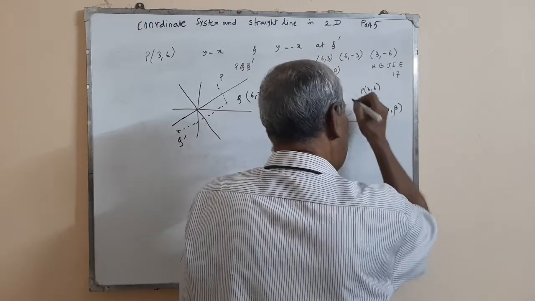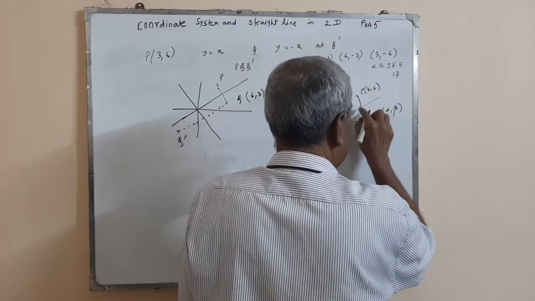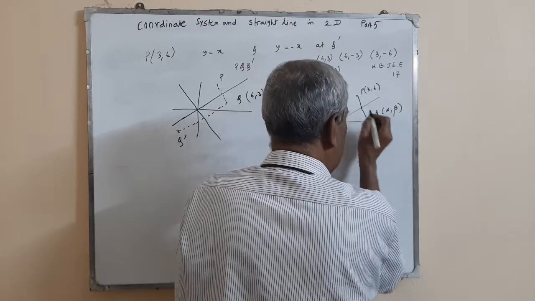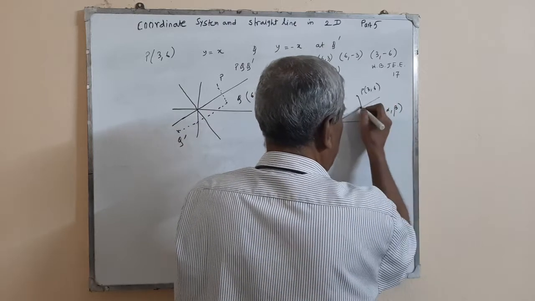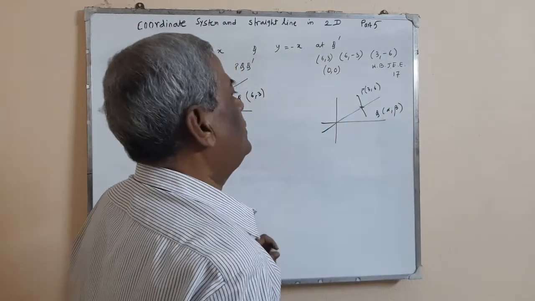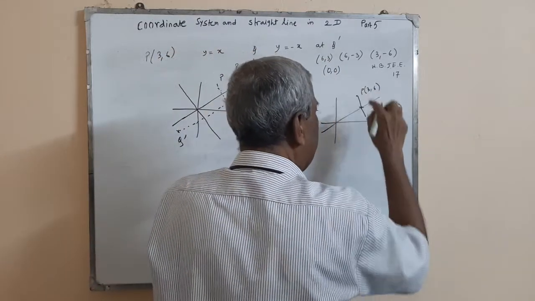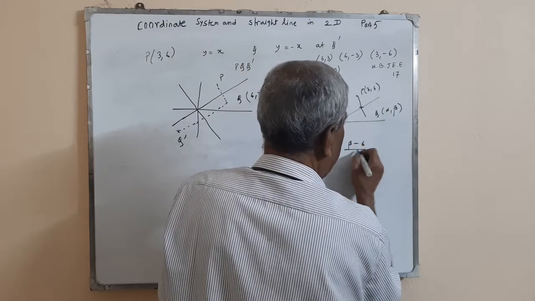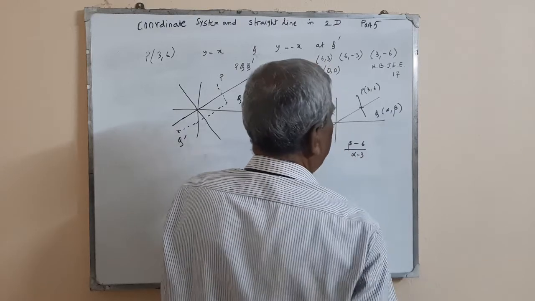So number one, if we join them, this is perpendicular to that, and number two, this point is the midpoint between P and Q. So the gradient of PQ is beta minus 6 divided by alpha minus 3.